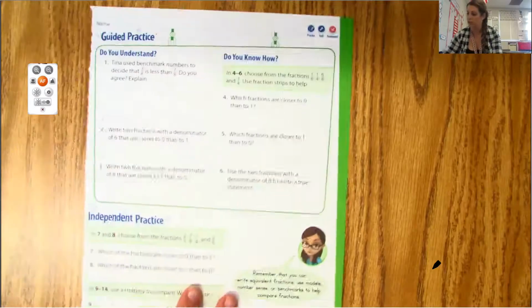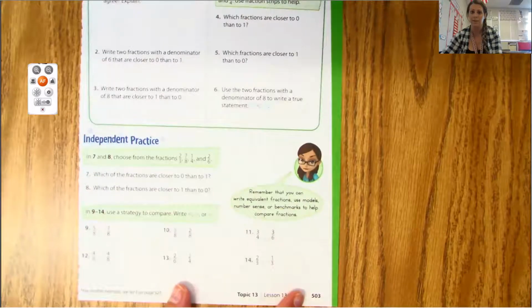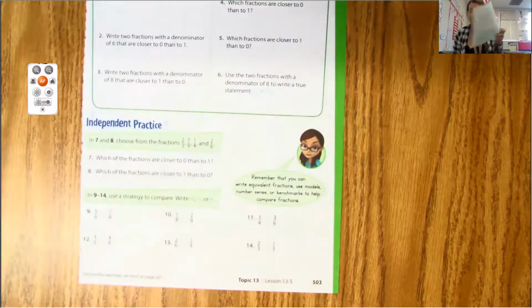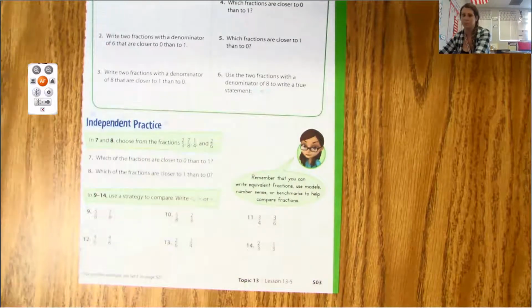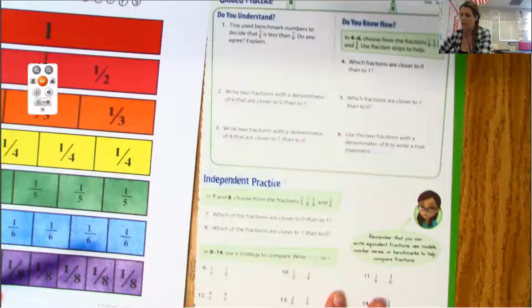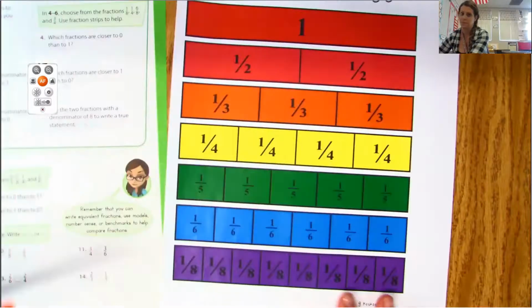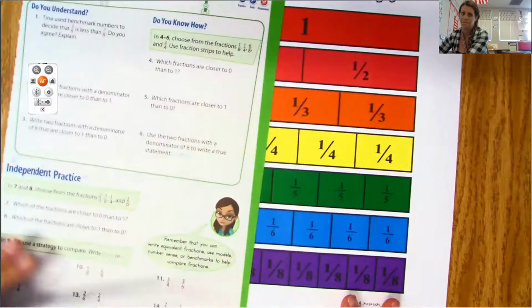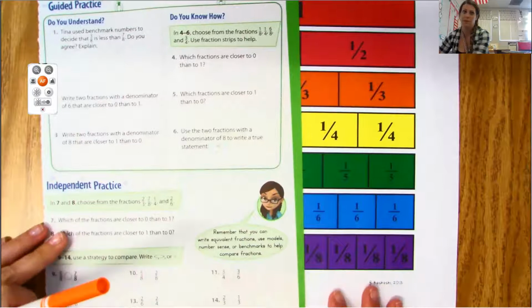All right, so you should be on 503. You should also have your fraction strips available. I'm going to actually flip it this way.